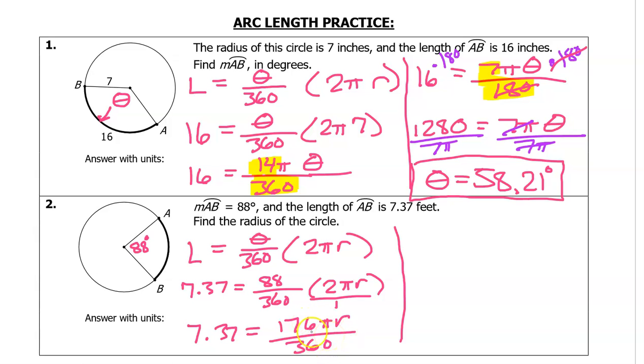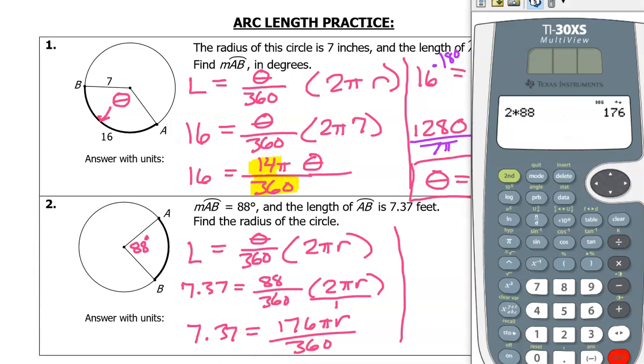It is time to try to get r by itself. So I want to multiply both sides by the denominator. Actually, I think I want to reduce this fraction first. I like the numbers to be smaller. So I'm going to reduce 176 over 360.